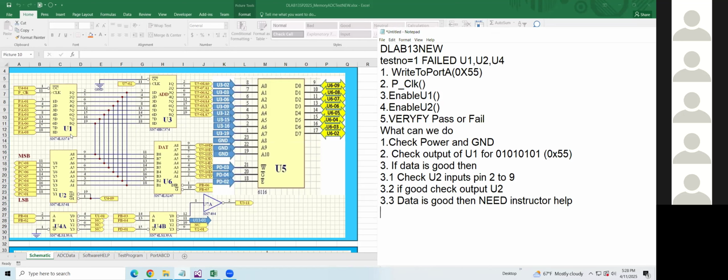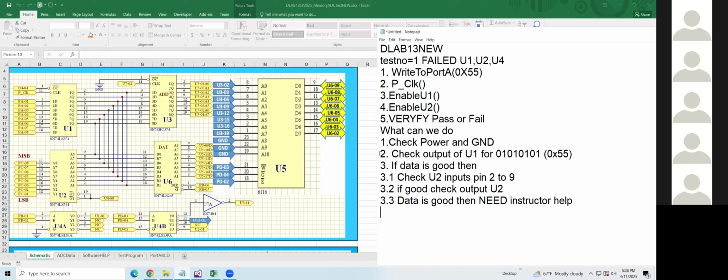Okay? On output of U2? Yeah, that means when the test fails. Then now, okay, you can take output of U1. Okay. If it's good, okay.